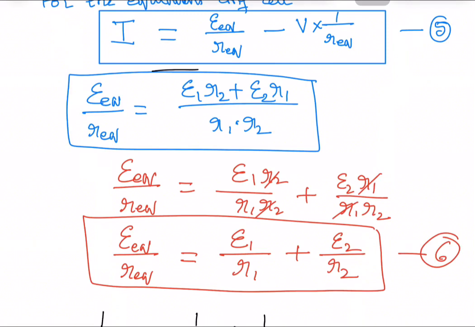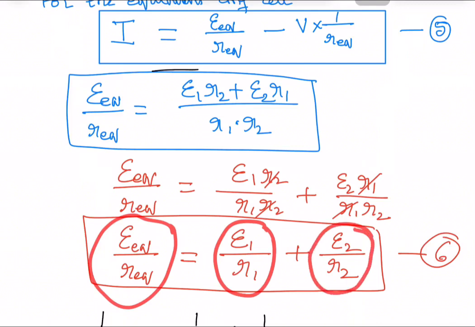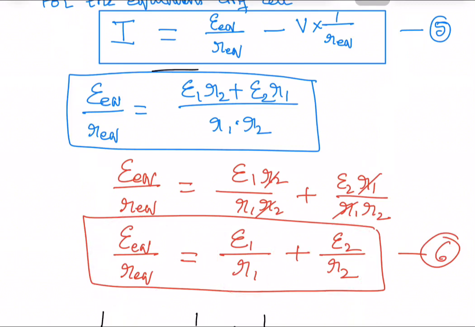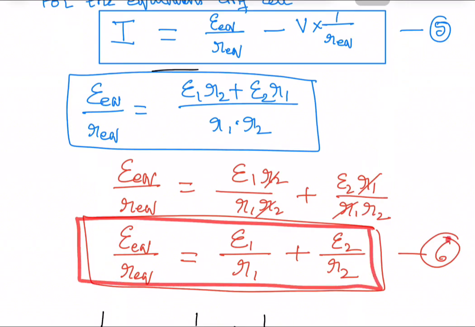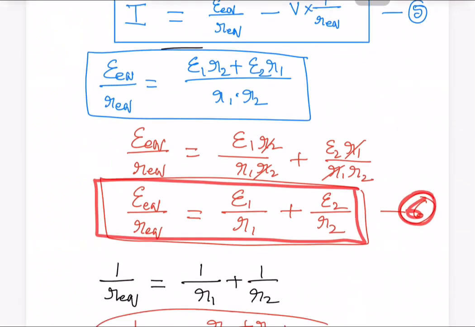Finally, we will get E equivalent by R equivalent is equal to E1 by R1 plus E2 by R2. Yes, this is an important equation. Let us name it equation number 6.